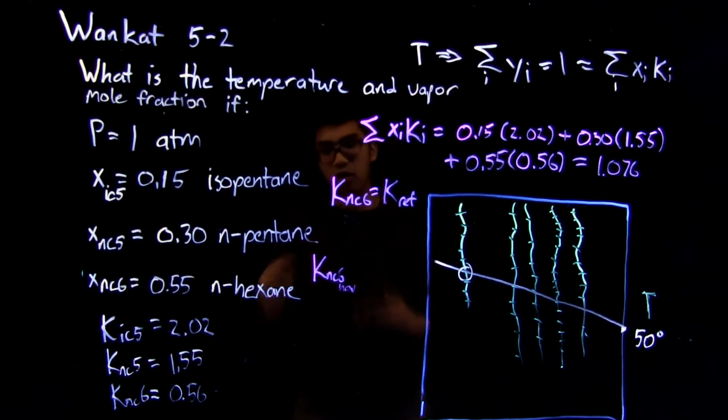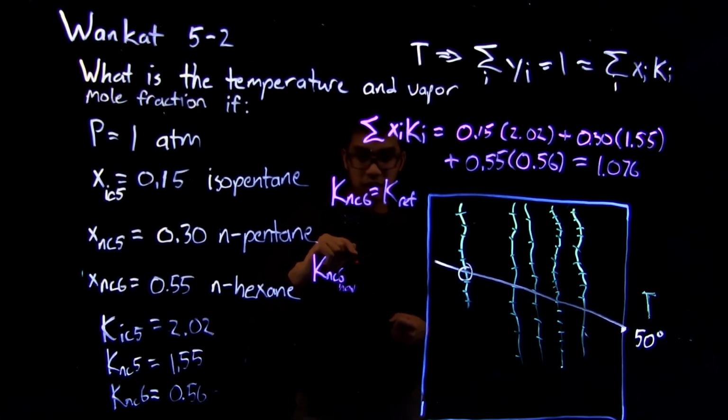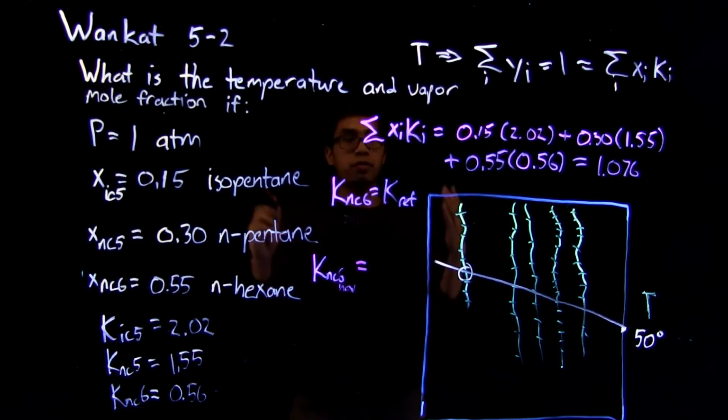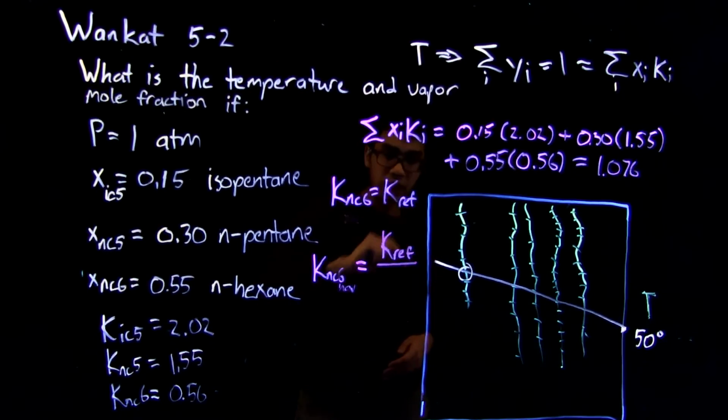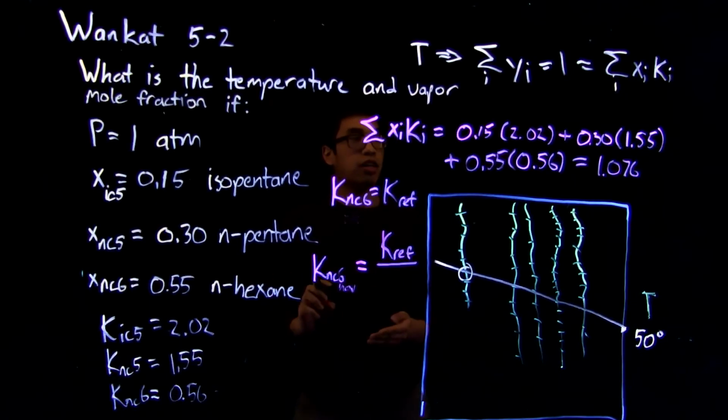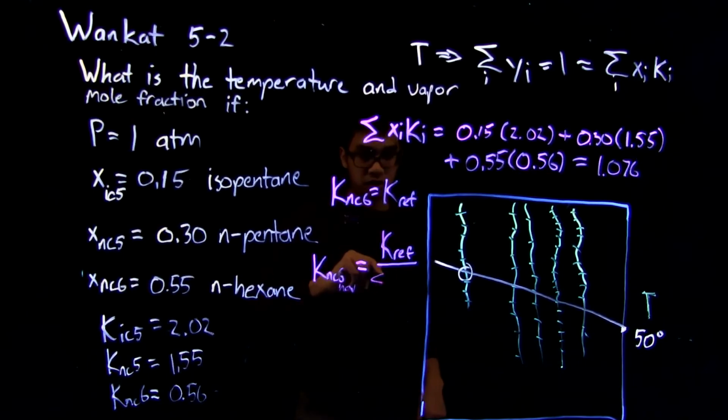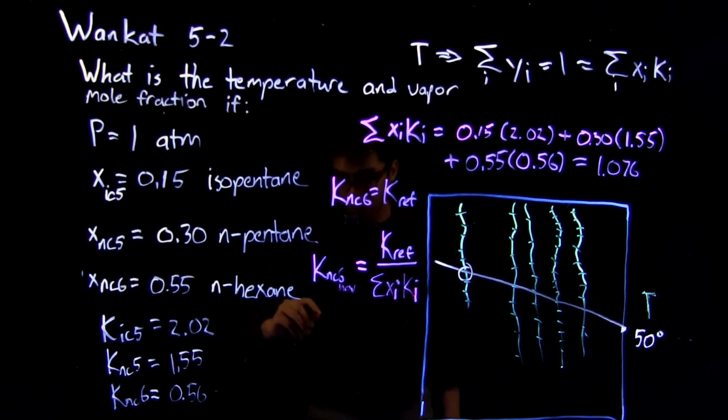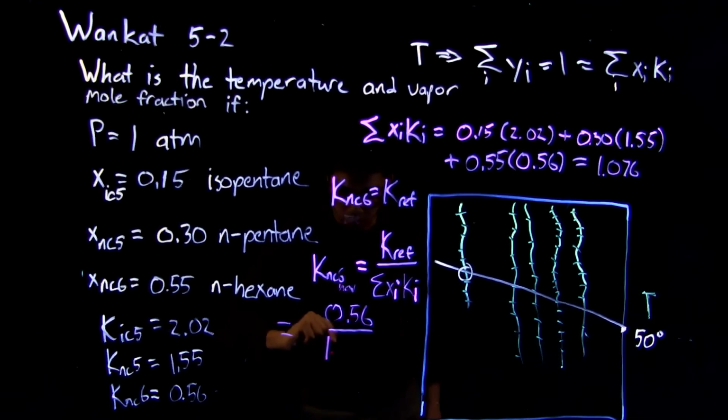We calculate a new value of K_nC6 by taking our current value of K_nC6 and dividing it by the sum of x_i K_i. What this gives us is 0.56 divided by 1.076, which is equal to 0.52.